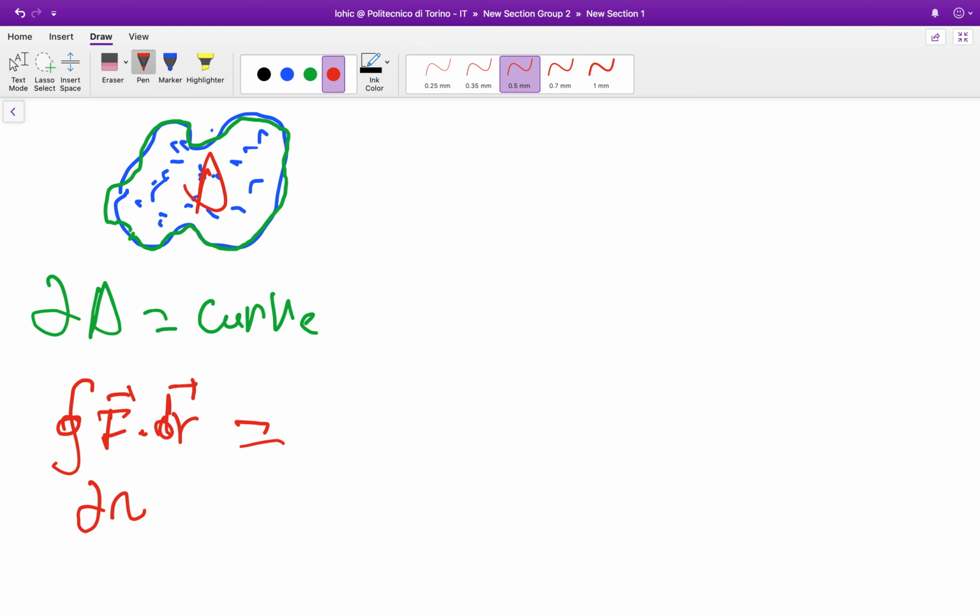It's actually equal to, please remember that your vector field has two components, the x component and the y component.